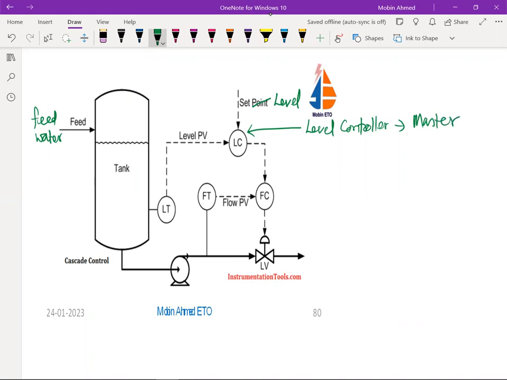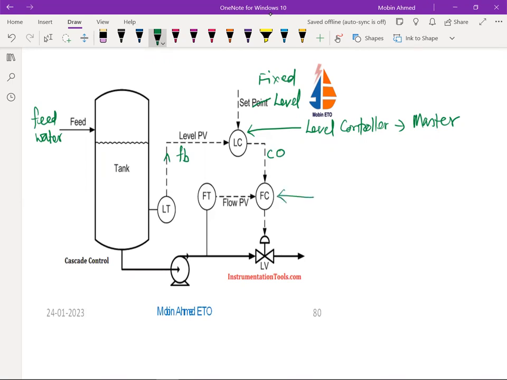So here the set level is going to be a fixed set level. Now this is the feedback, that is the level present value that is coming there. So this is the feedback, PV, that is coming to this one, that is the level. And this is the control output, CO, control output to FC.